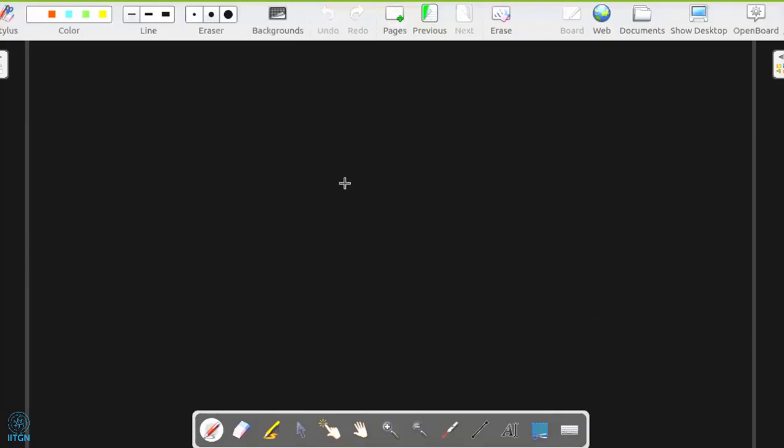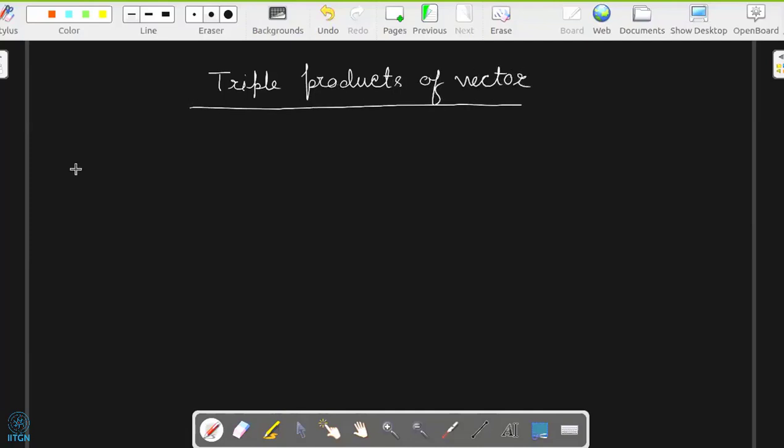Now similarly, we have the triple product of vectors. Let's consider we have vector A, vector B and vector C. How many combinations can we have?